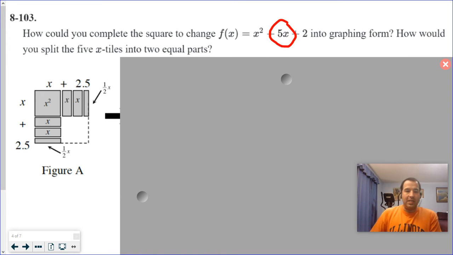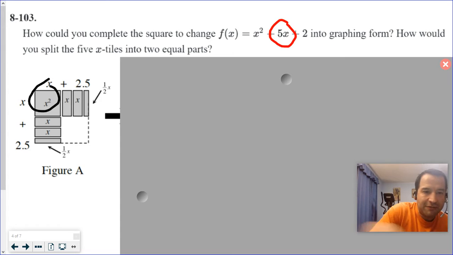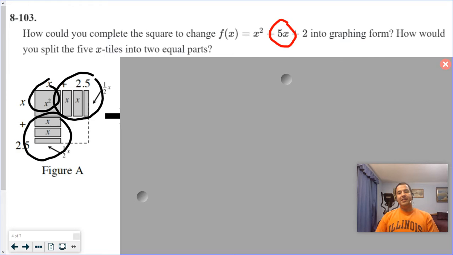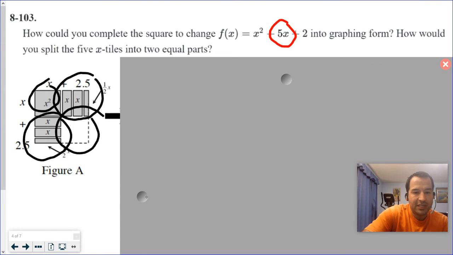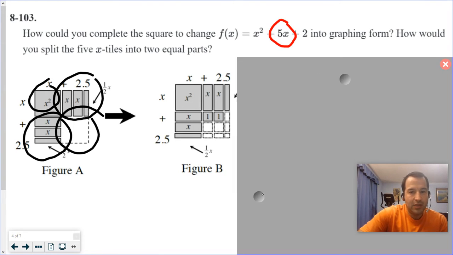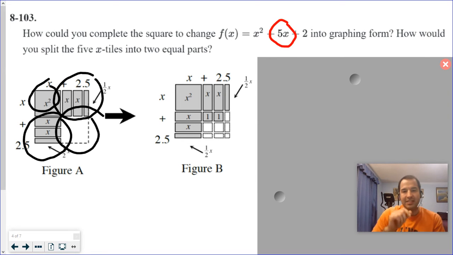We have the x squared tile over here, but then we've got to split the 5x into 2.5 and 2.5. Yes, you may want your calculators here just for the sake of time. This section here is going to be 2.5 times 2.5, which would look like this.